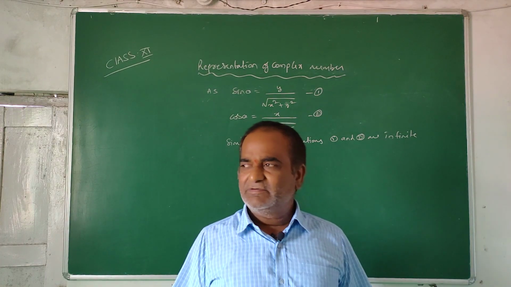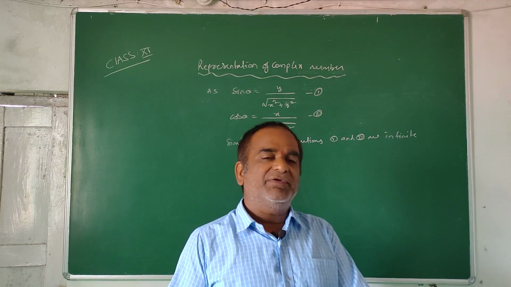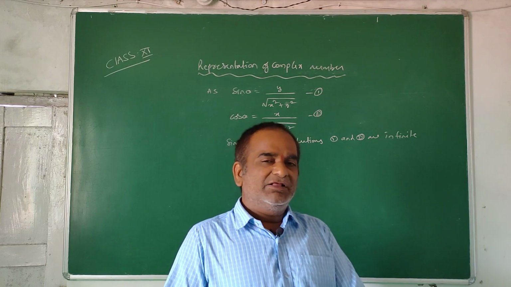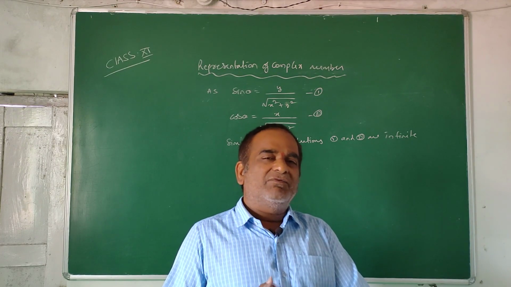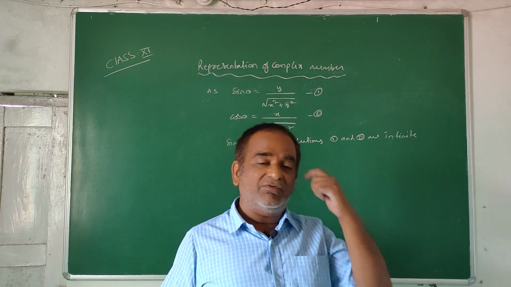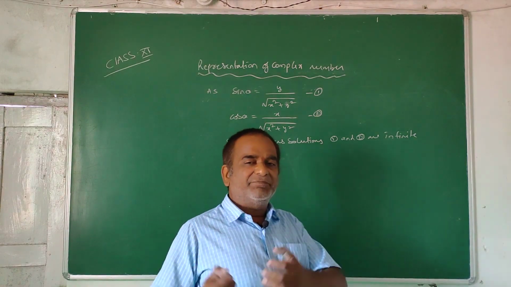See, what is so necessary to have infinite arguments for the same complex number? Is one not sufficient? So what mathematicians did is they took strict limits.